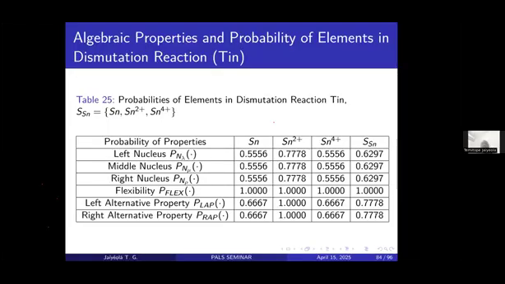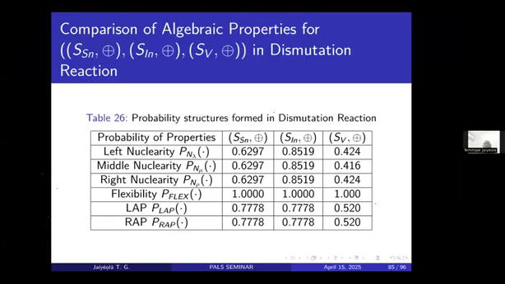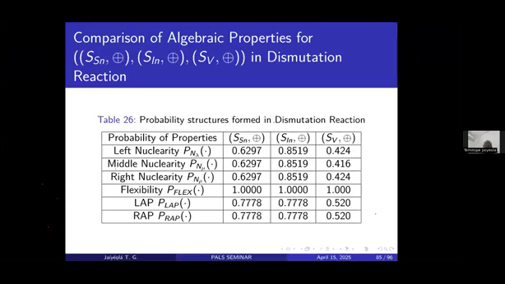Okay, so you can now do a comparison of the three hyperstructures based on their probabilities. As you can see, the three hyperalgebraic structures are all flexible, even though they are not left, right, or middle nuclear, and they do not have lap and wrap.